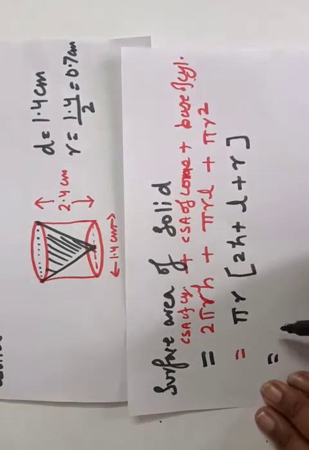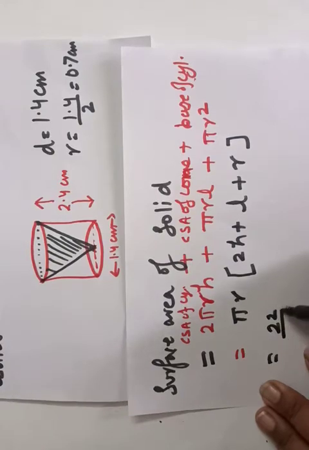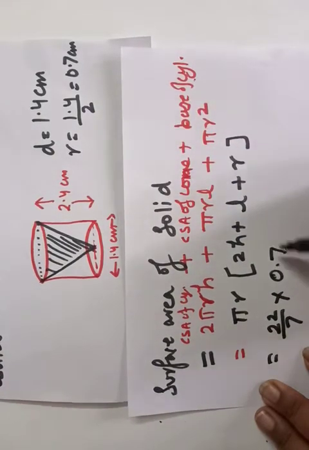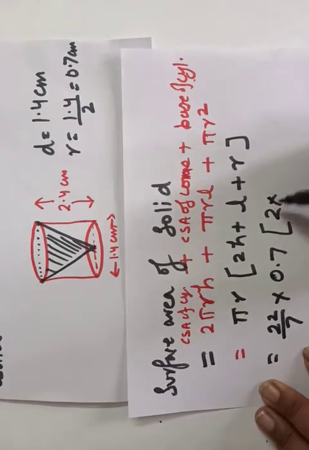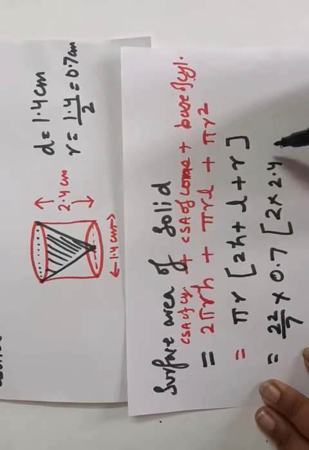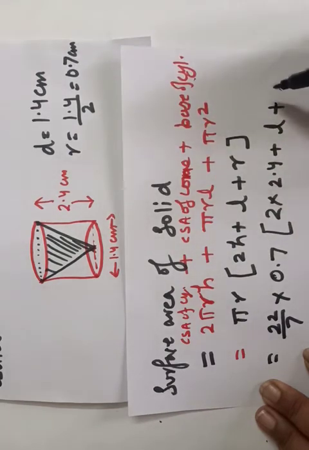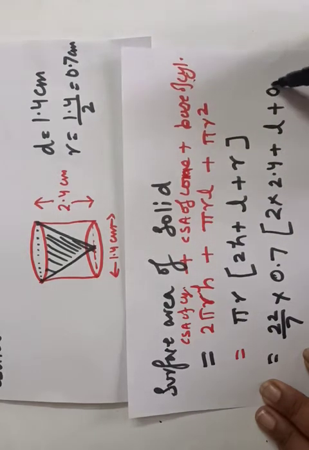So that is equal to 22 upon 7 into r, which is 0.7, into 2 into h, which is 2.4, that is already given, plus L, which we have not found out yet, plus r, that is 0.7.